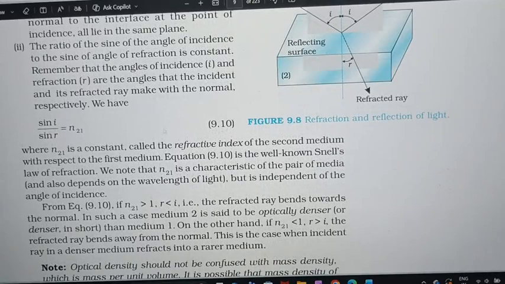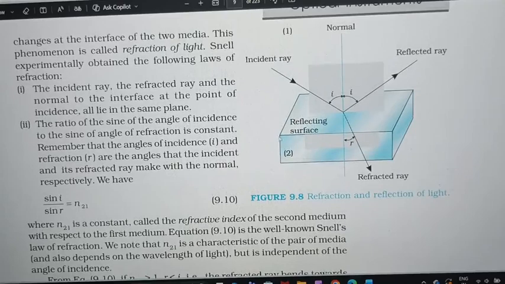Now, for a given pair of media and for a given light color, this value will always be constant no matter how your angles change. Given pair of media means if you are taking air and a glass slab, consider that only, don't change the medium. And suppose your light is green or yellow, consider that only.